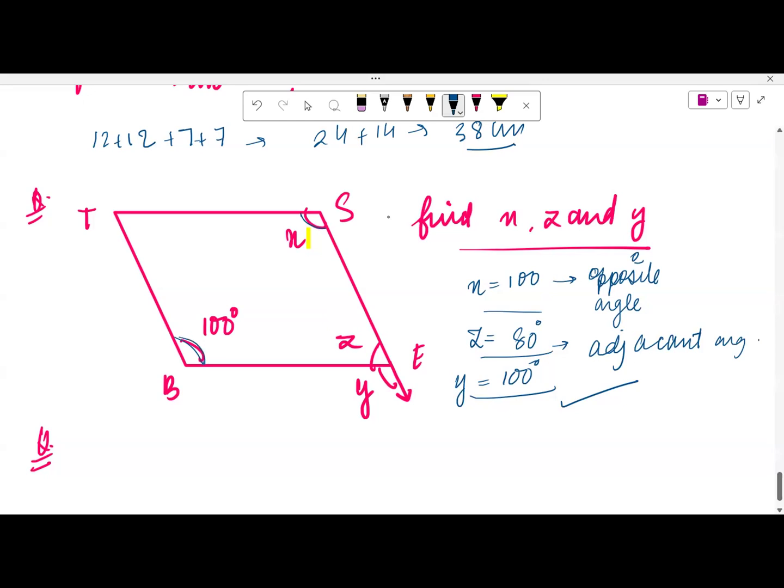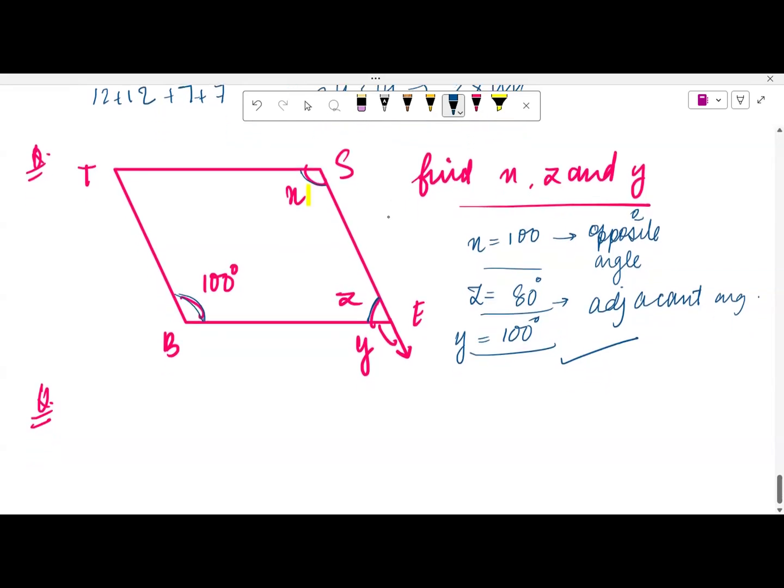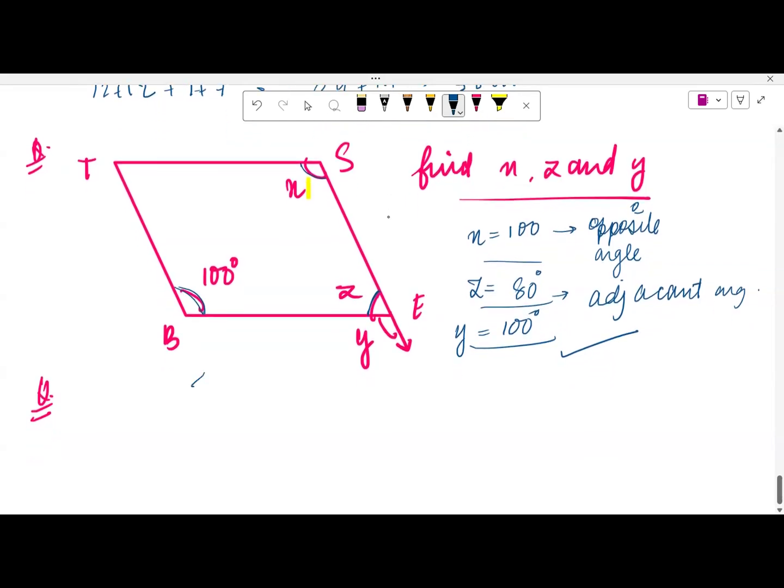Like angle B and angle E, these are adjacent angles, so they are supplementary. So supplementary means that the sum of the adjacent angles is 180 degree. So basically angle B plus angle E will give you 180 degree. So 100 degree plus Z will give you 180 degree and Z will be equal to 80 degree.